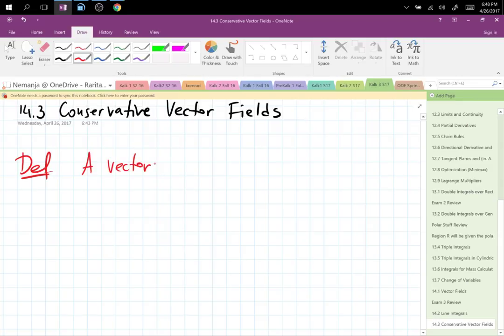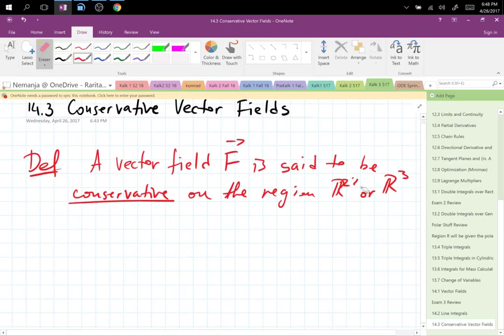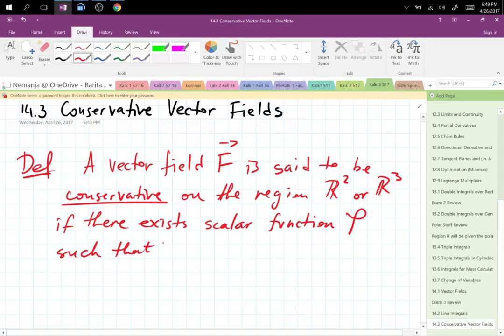A vector field F is said to be conservative on the region in 2D or 3D if there exists a scalar function phi such that the vector field is the del phi on that region.